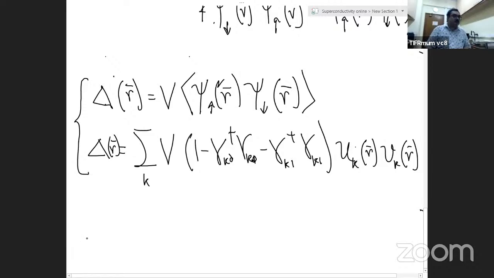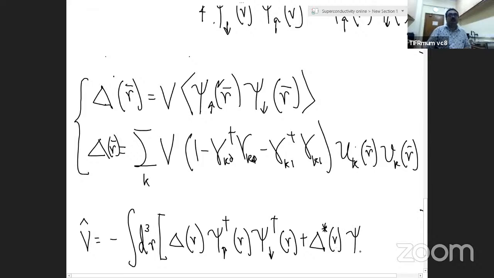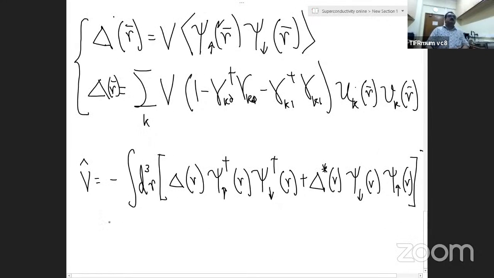All right, so with this, V becomes minus the integral d cube R delta R psi up dagger R psi down dagger R plus delta star, and then here I have psi down of R and psi up of R. So this is the mean field approximation.